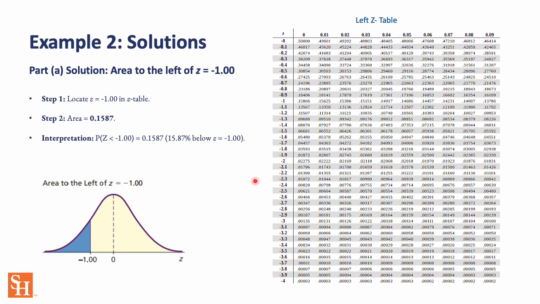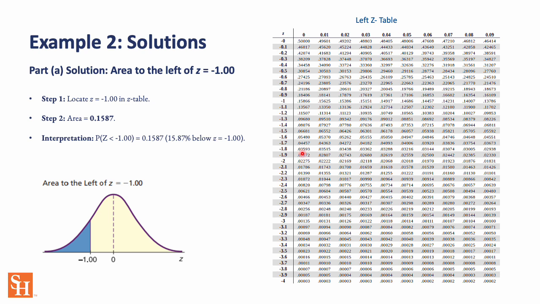Now we'll see how we can find the area to the left side of the Z value, right? Here the Z value was negative 1, therefore we basically need this area. We need to find what this area is. Here we have the Z value negative 1, so we are interested in finding this area.